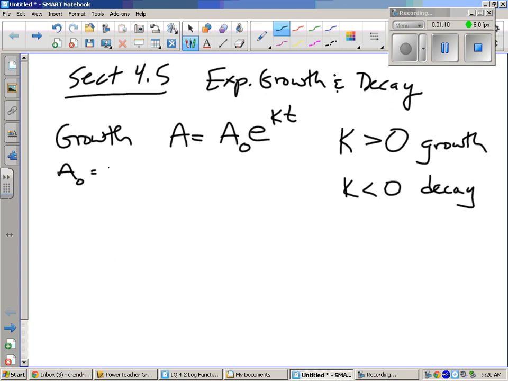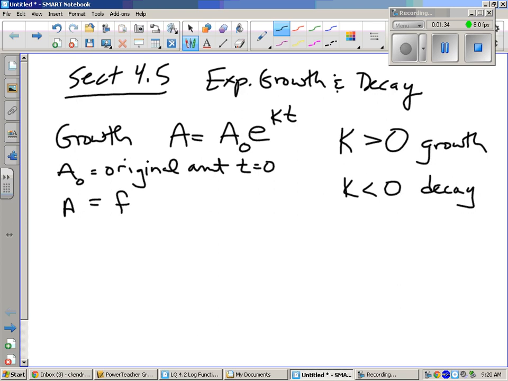All right, let's write down what everything is. A sub 0 is the original amount, and that's when time is 0. In the past, you used this formula with money, so it was more like the principal amount of money, but this might be some other ingredient. That's the amount.